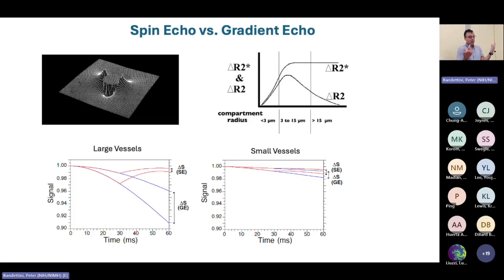So if they don't, then they'll all refocus. It's like runners. They'll all be exactly the same speed coming back to the start line because they're not changing speed. And so then they'll all be refocused. So there'll be no dephasing signal that spin echo is sensitive to.